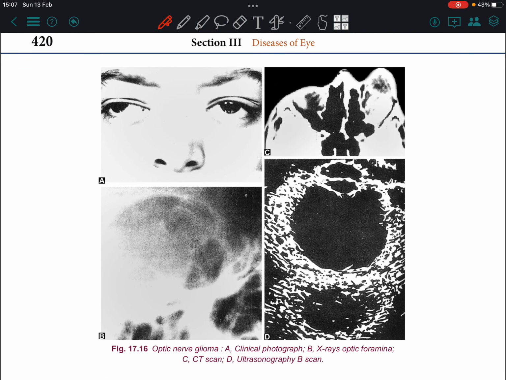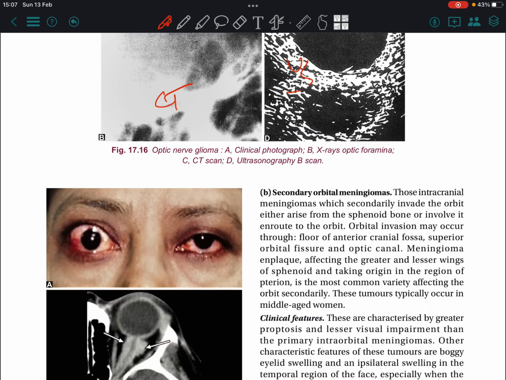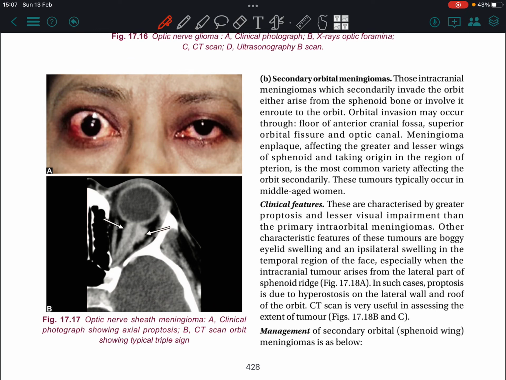Then optic nerve glioma: clinical picture, X-ray showing optic foramina, CT scan, ultrasound. Optic nerve sheath meningioma: clinical photographs show axial proptosis, and the orbital CT scan shows the typical triple sign.